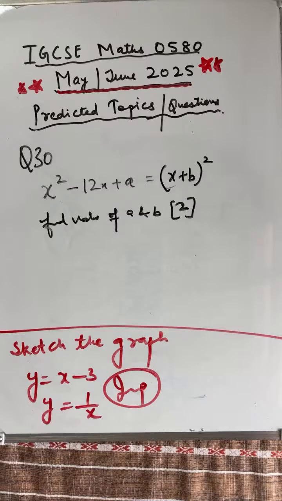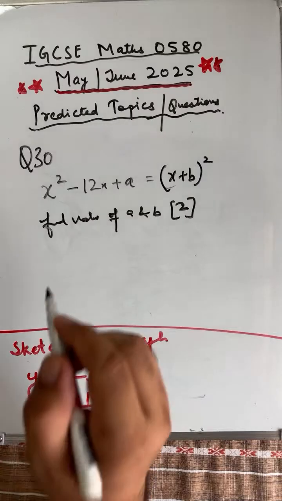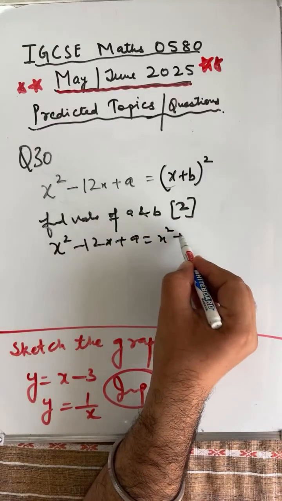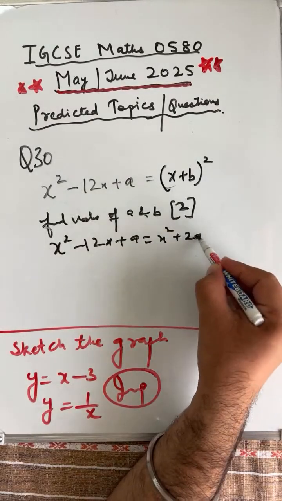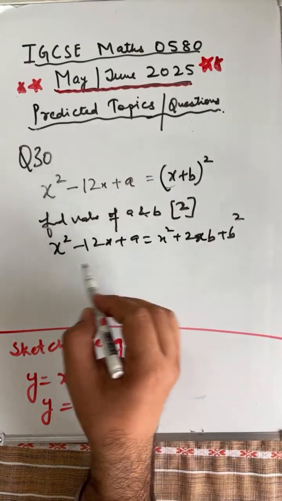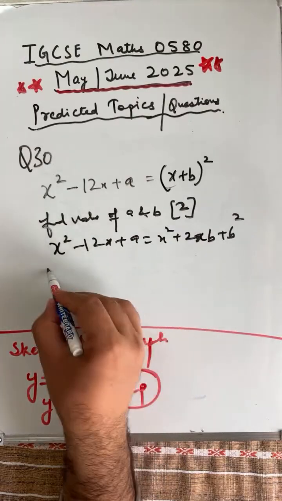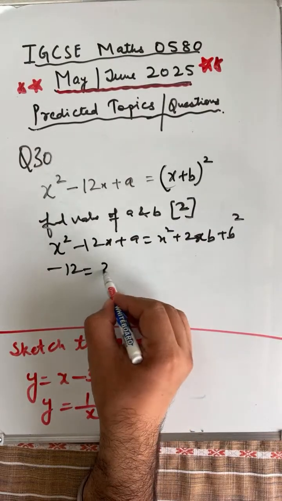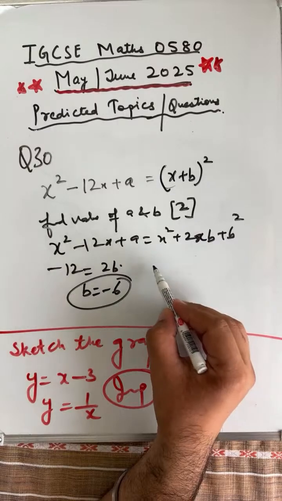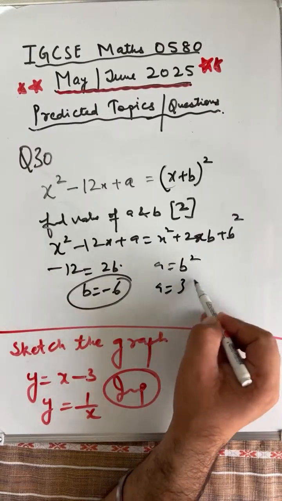Now let me solve this. a is minus 6 and b is 36. Very good. Now comparing the like terms, we have minus 12 will be equal to 2b. So b value will be minus 6. So a is b square. So a value will be 36.